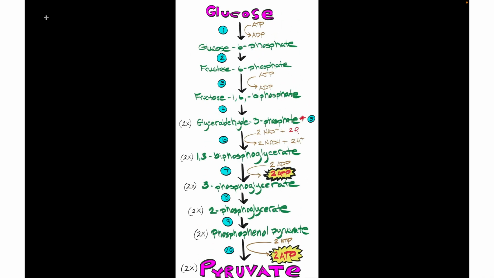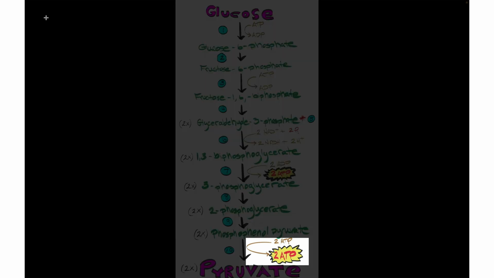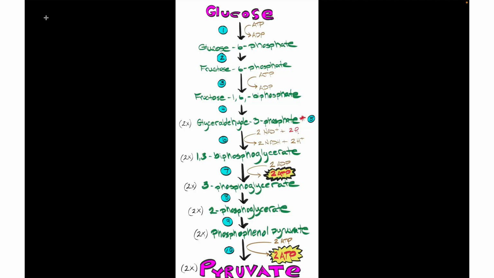And then here in step 10, we see phosphoenolpyruvate being converted to pyruvate. Phosphoenolpyruvate is going to lose its phosphate. I should say both those molecules will lose each of their phosphates that will be added to ADP. I realize right here this says 2 ATP. That should say 2 ADP being converted to 2 ATP.